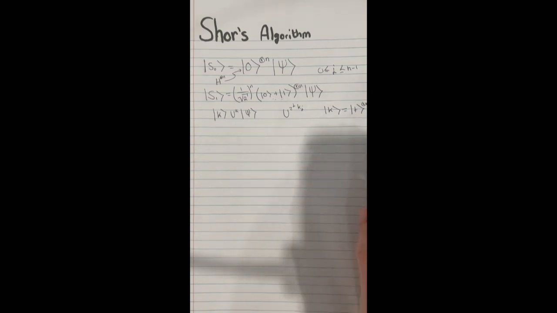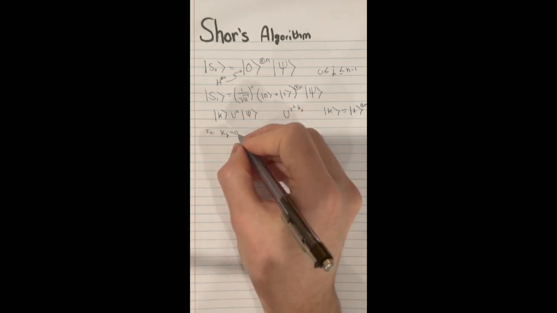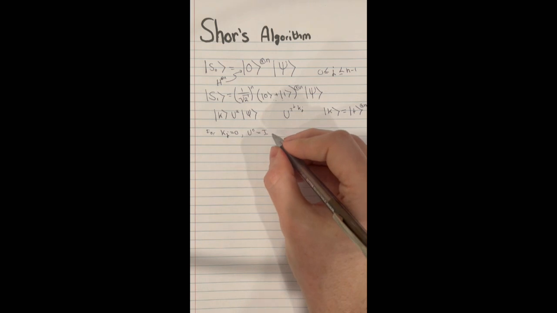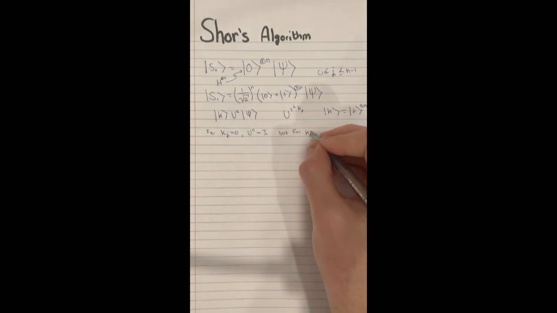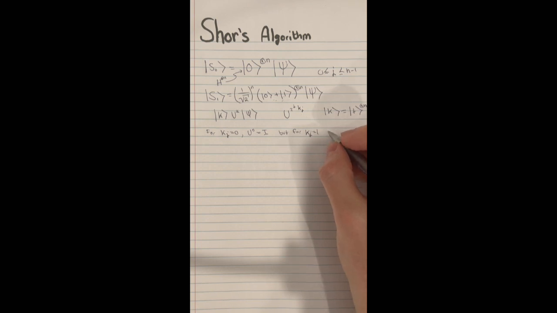So using this, for k_j equal to 0, we have U^0, which equals I, just our identity matrix. But for k_j equal to 1, so for our one portion of the state, we'll have U^(2^j times 1), because k_j is now 1, which just equals U^(2^j).